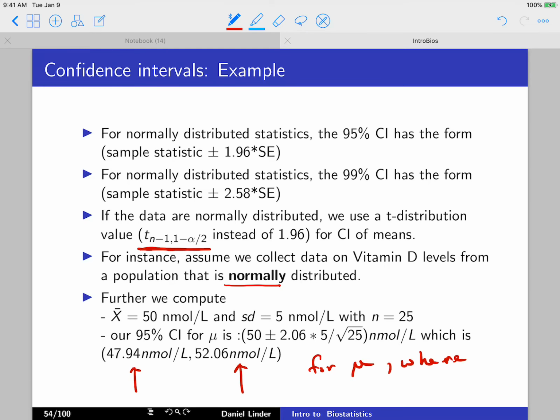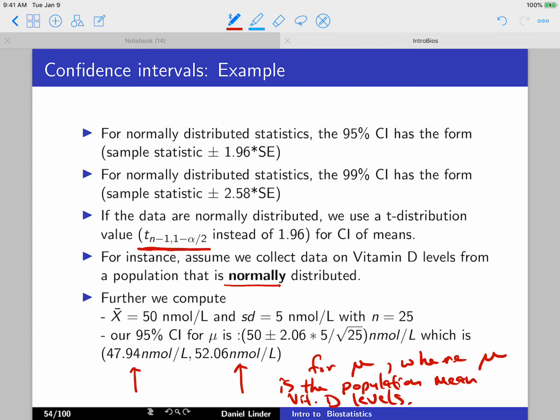where mu is the population mean vitamin D levels.